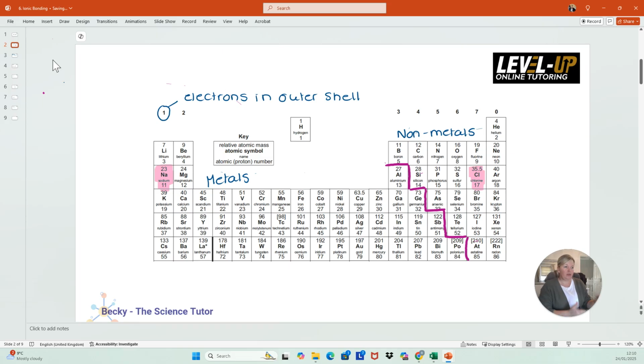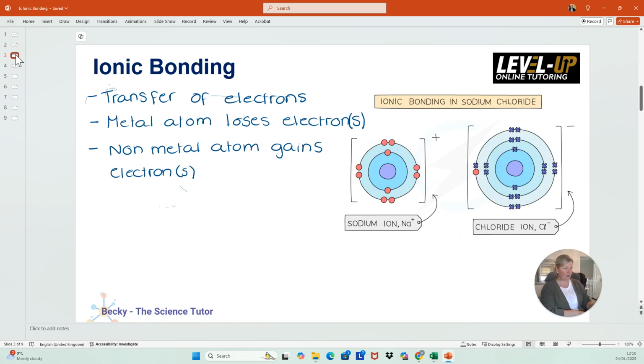Okay, so we can look and think sodium has one electron in its outside shell, and we know it's going to lose that. Chlorine has 7 in its outside shell. It's a non-metal, so it will gain. So the electron transfers from that metal atom over to the non-metal, producing ions. Okay, and I'll talk about those terms in a second. So following that transfer, the metal atom becomes a positive ion.